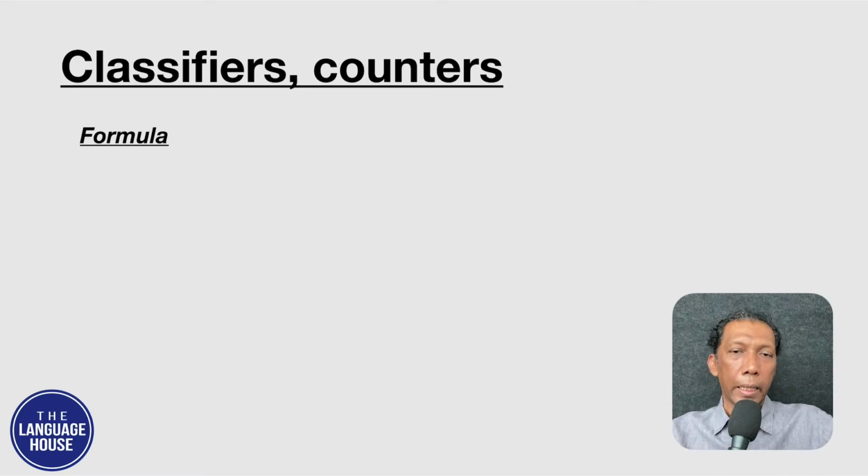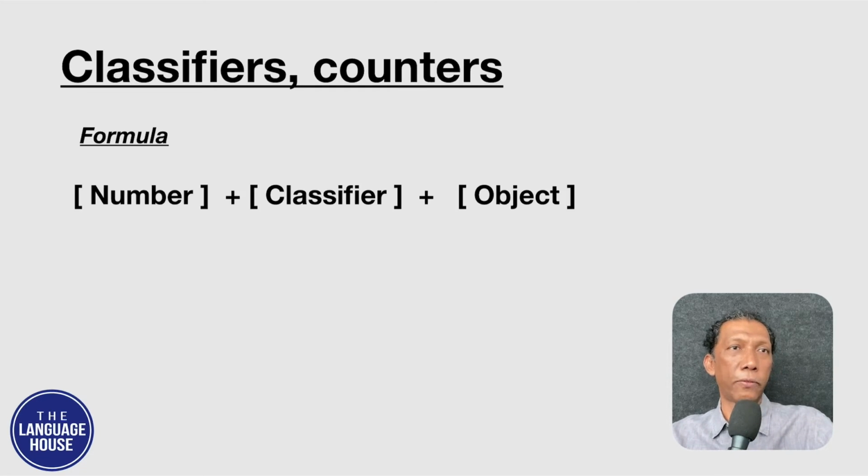Now, it's very simple. It has a formula, and the formula is this: the number. Don't forget, if you don't know the numbers, I have a video on numbers. For classifiers, you do need to know numbers: 1, 2, 3, 4, 5, 6, 7, and so forth.